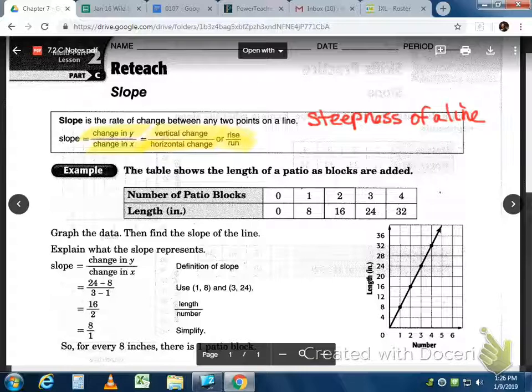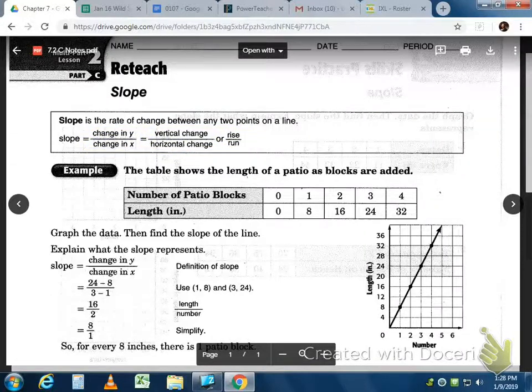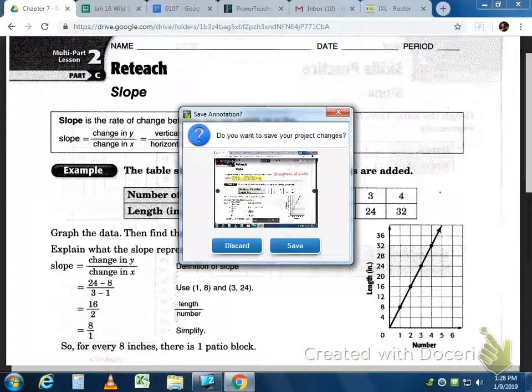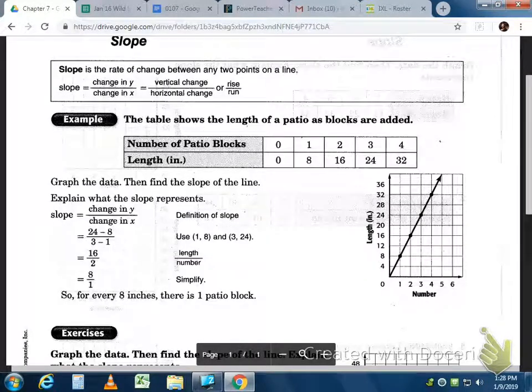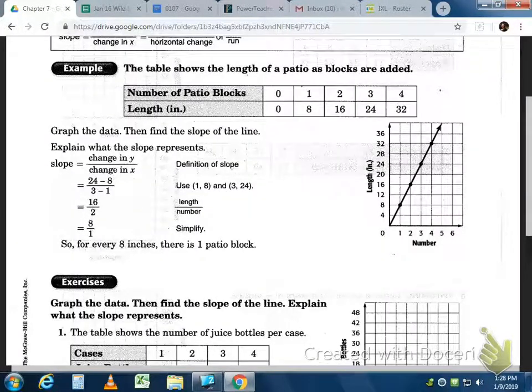Let's look at this first example that they give us. The table shows the length of a patio as blocks are added. So if there's no patio blocks, the patio's 0 in length. That makes sense.